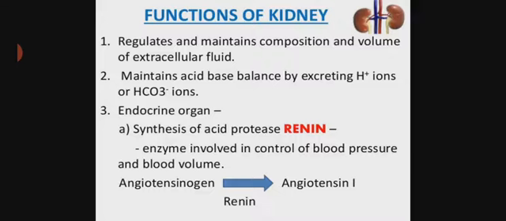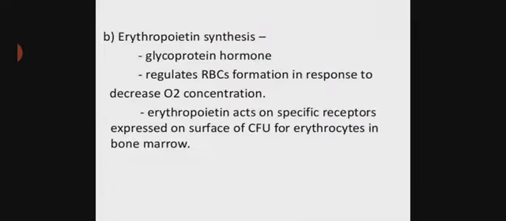And it also acts like an endocrine organ by secreting a proteinaceous hormone called renin, which is an enzyme involved in control of blood pressure and blood volume. That is, angiotensinogen in presence of this renin gets converted into angiotensin 1. So thereby it regulates the volume of the blood in a human body.